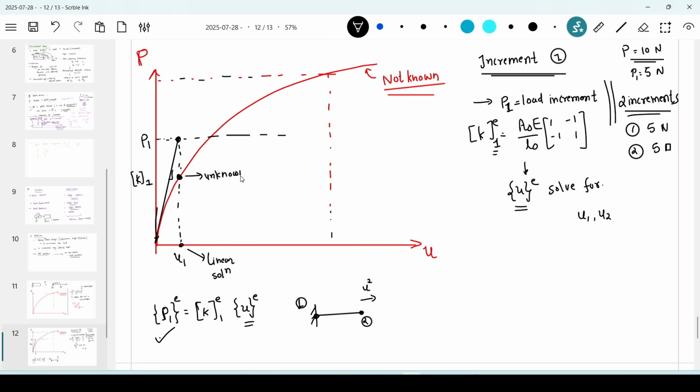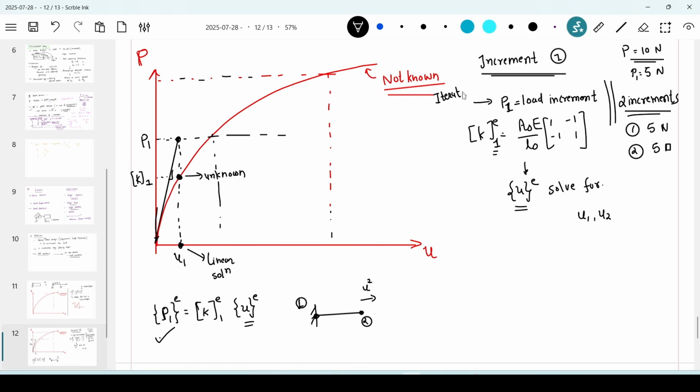We want to find this point, but we found this point instead, the displacement u for this one. So this is wrong actually. For this load I am getting this displacement, but actually for this load I should get this displacement. So I am tracing this curve now. Just hold on for some time, you will understand.